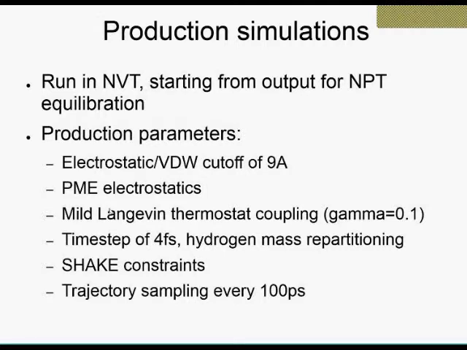So the production parameters that we generally recommend for MD simulations for those force fields are to use an electrostatic cutoff of 9 angstroms coupled with PME electrostatics, and a Langevin thermostat to control temperature, for which we select a very mild coupling constant. We use SHAKE constraints to constrain the fast modes of vibration, which are the bonds to any hydrogen atom. And we use a time step of 4 femtoseconds.